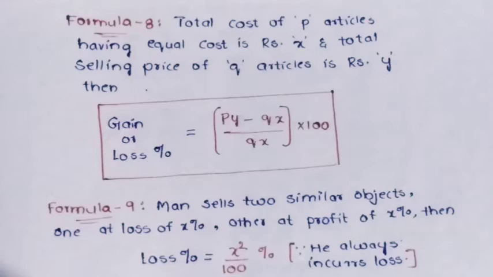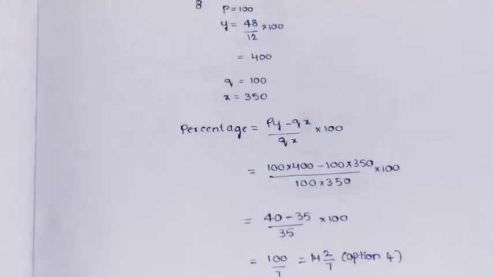So applying the same formula, here I have treated the value of P as 100 because 100 oranges are bought, and Y is 48 divided by 12 into 100, because they have sold at the rate of 48 per dozen.